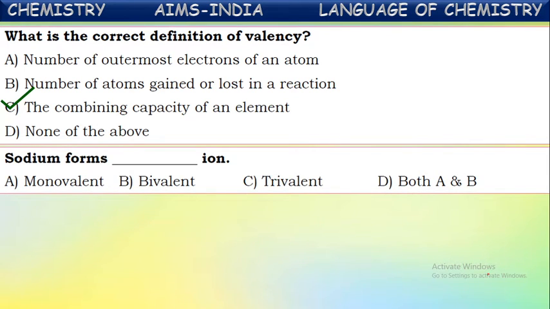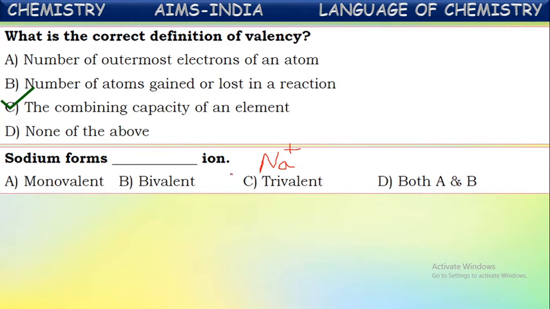Sodium forms what ion? Generally, sodium has only one electron in its valence shell. So sodium will be ready to lose that one electron and form a Na plus ion with 1 unit positive charge. The ion formed by losing one electron is called a monovalent electropositive ion, or monovalent cation.